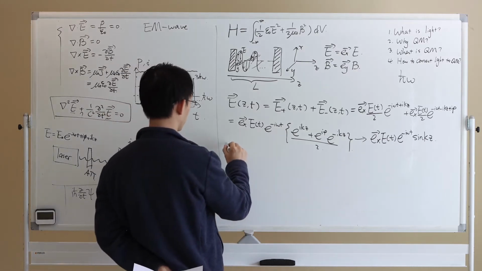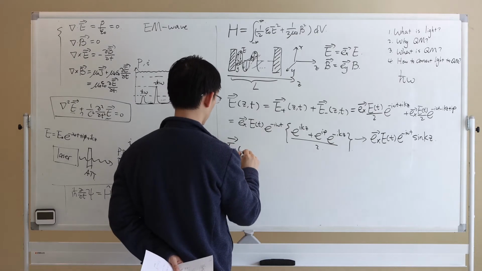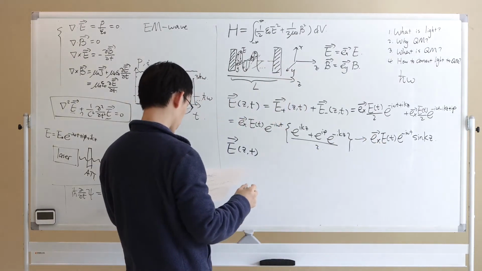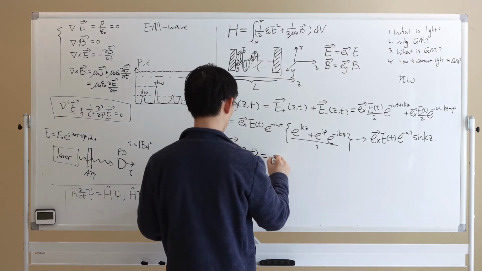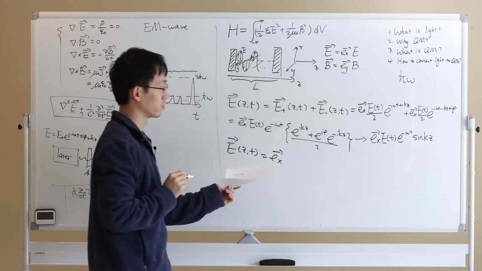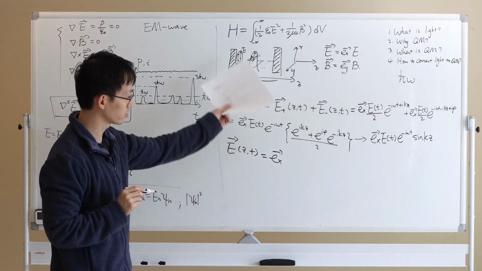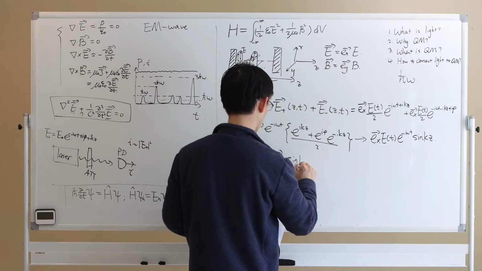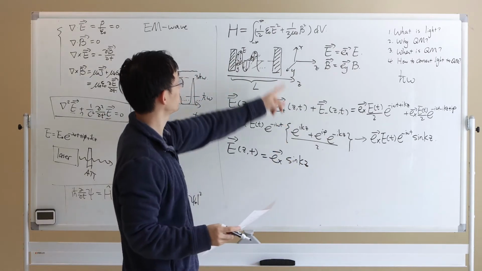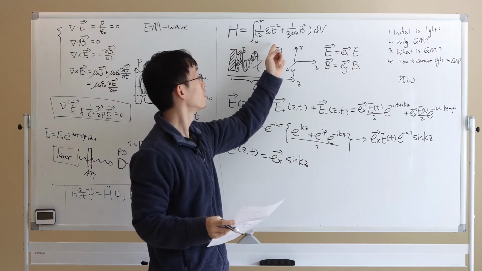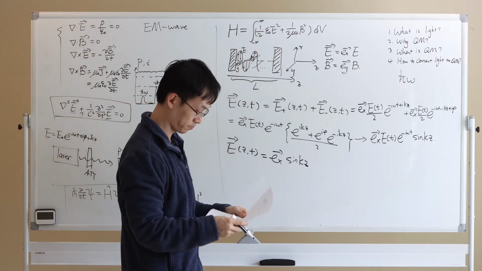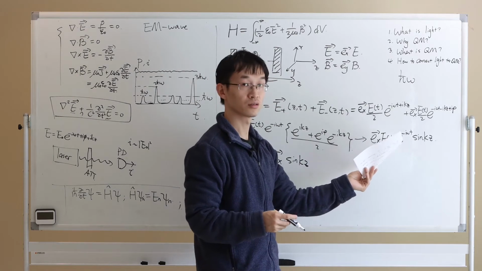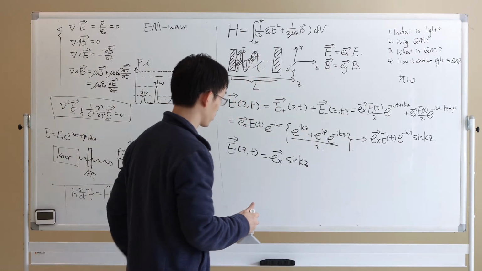So the definition here is that, although you already have this, what we will define is that you still have your polarization pointing upward. And then you have your sine kz, which doesn't really matter because later it will disappear in your integration.